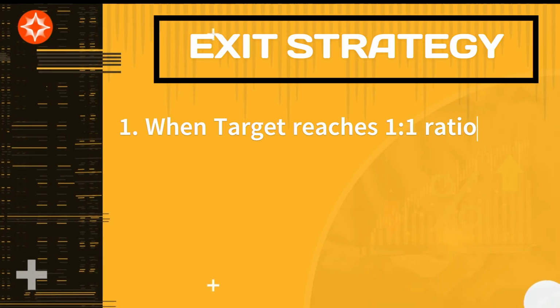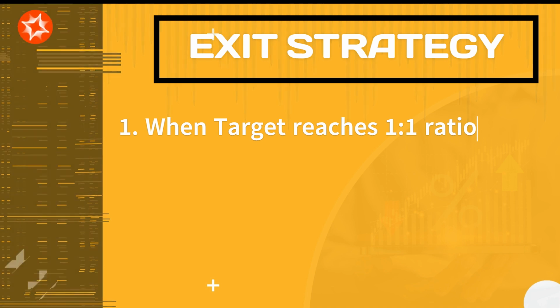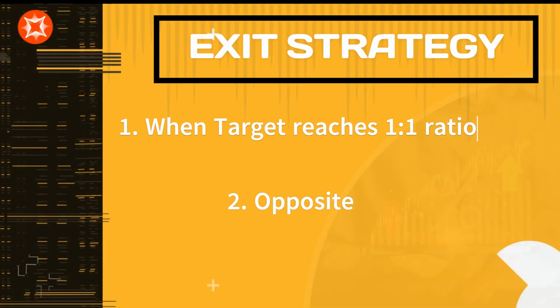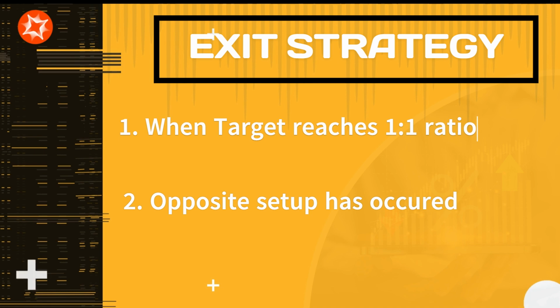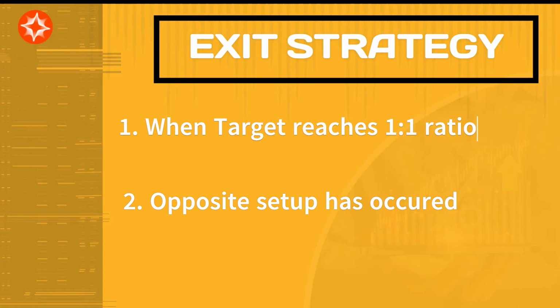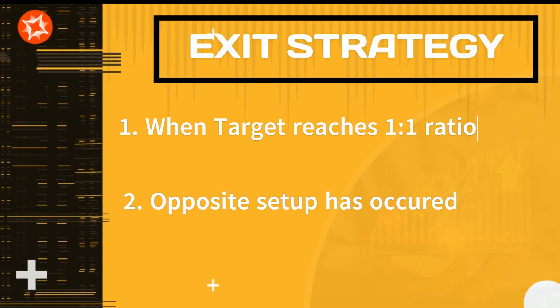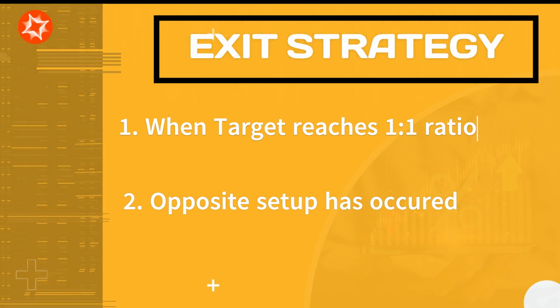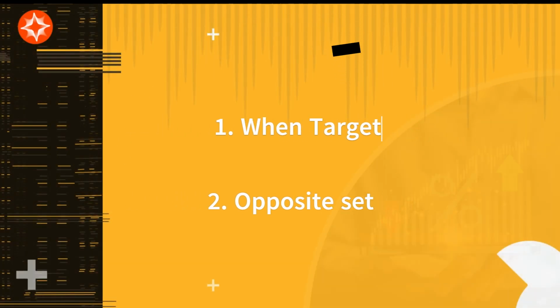This can be achieved by putting an advance take profit. Second, if the opposite setup occurs, if our entry is on the buy side and a sell setup occurs, we will exit. If our entry is on the sell side, on the appearing of a buy setup, we will close the entry manually.